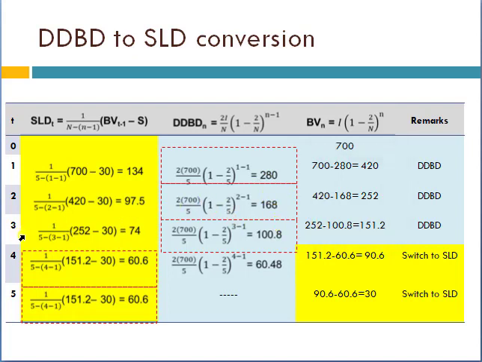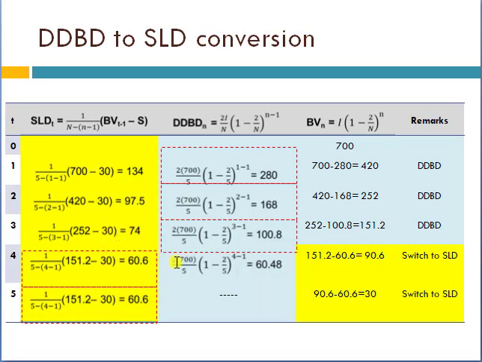However, in year 3, there is some problem because after 3 years, we got that the SLD is greater than DDBD. So after this, we are going to switch the value that comes from the DDBD into the SLD one.